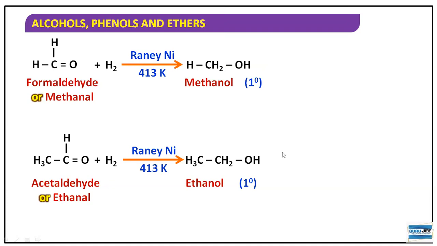This is an OH, attached to this carbon atom. It is having only one alpha carbon atom, not another alpha carbon atom. The substituted carbon atom is having only one alpha carbon atom. That is the primary alcohol. Got it, Ashwin?